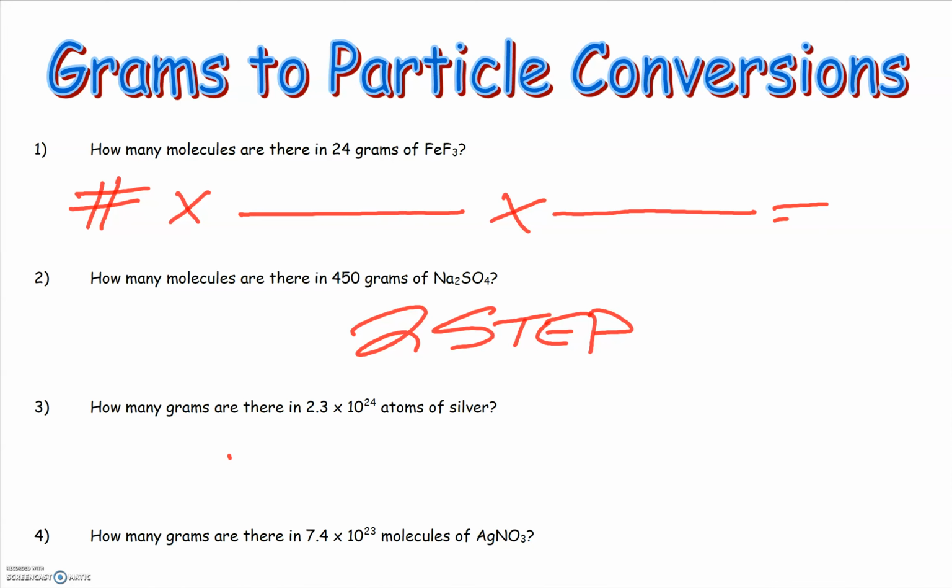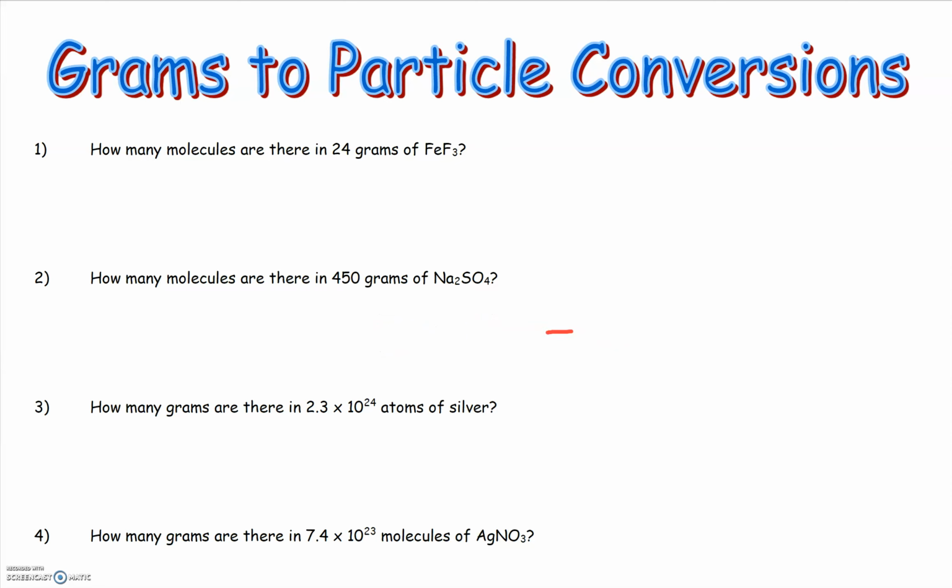So how do you know that you're going to need two conversion factors? How can I look at a problem and get that information? How can I figure out that I have a two-step problem? Okay, so this is very straightforward. You're going to read the problem, and when you read the problem, you're going to look at the unit.